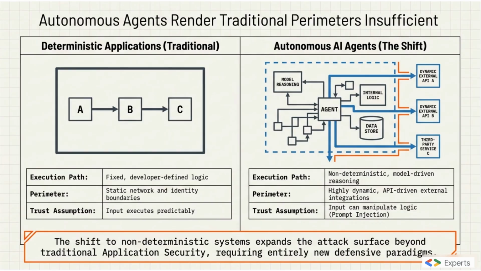Instead of protecting only APIs and networks, we must now protect prompts, reasoning chains, external tools, memory, RAG pipelines, and autonomous decision making. This shift requires an entirely new security paradigm.